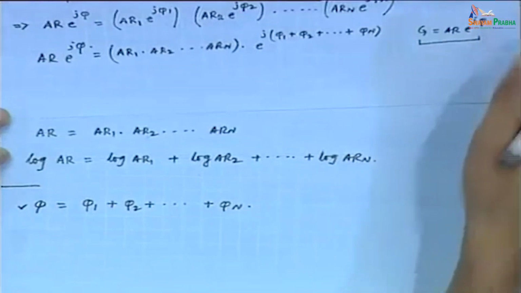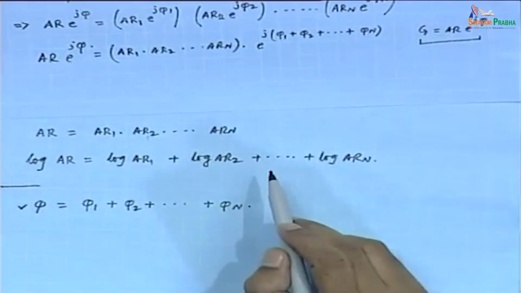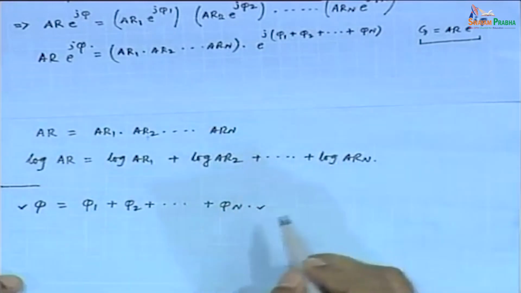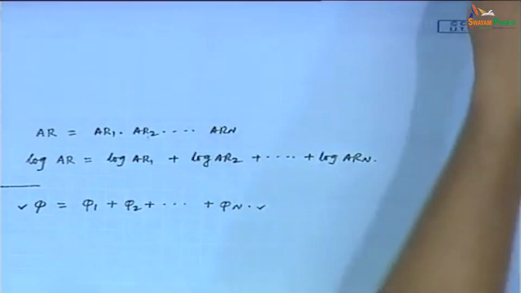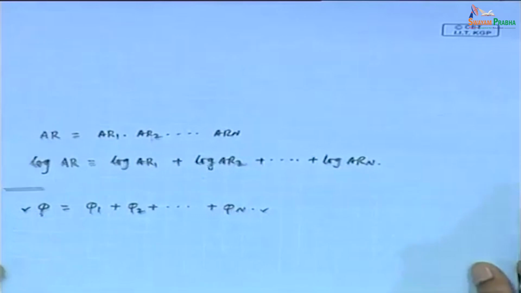Sometimes this amplitude ratio is represented in logarithmic form, and this is the expression for phi. So, these are basically the fundamentals of frequency response analysis. In the next stage, we will plot different diagrams, and then finally we will go for stability analysis using this frequency response concept.